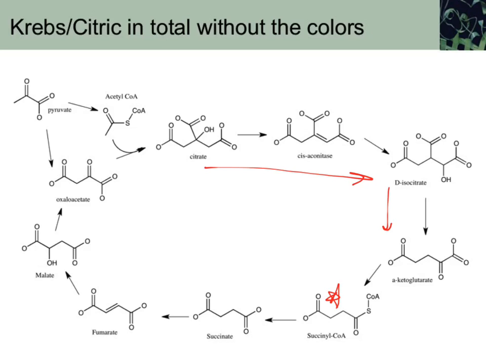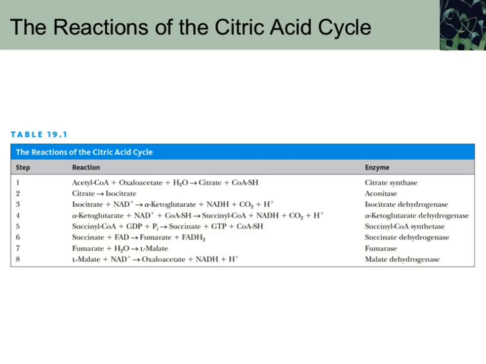Does that produce any energy? Okay. Hard again to look at the structure, so we could take a look. Isocitrate to alpha-ketoglutarate? Yup, that gets some NADH. What about succinyl-CoA? In the very next step, succinyl-CoA produces NADH. And once I form succinyl-CoA, I can get GTP, which is another direct energy currency.